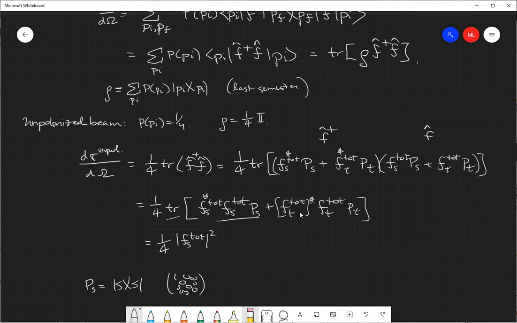And then you have the projector onto the triplet, but there's 3 of those states. So that would look like 0 and then 1s, right? That's for the triplet, where these are the 3 triplet states: the up-up, down-down, and the symmetric combination of up-down. So this would be 3/4 triplet.